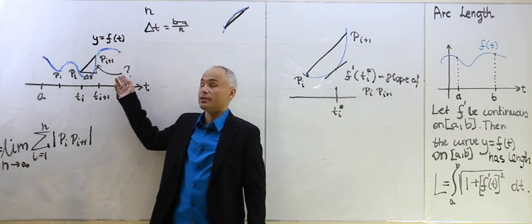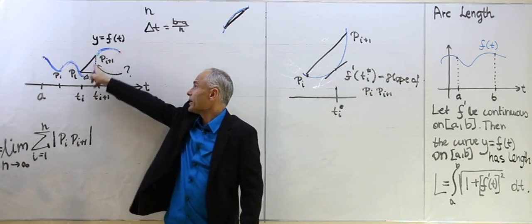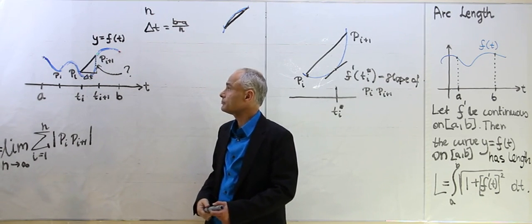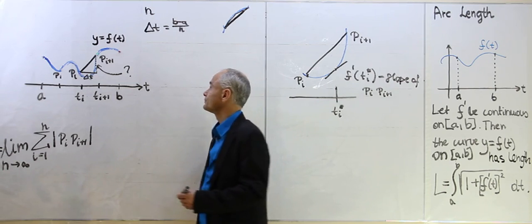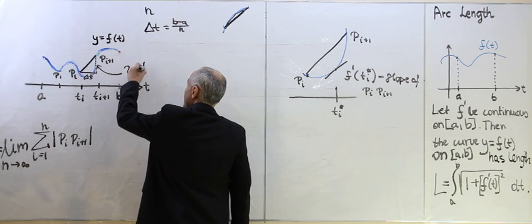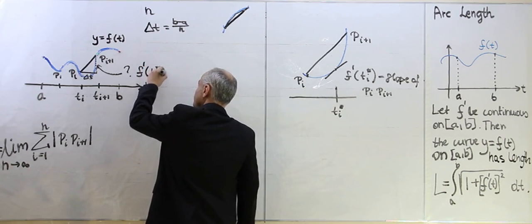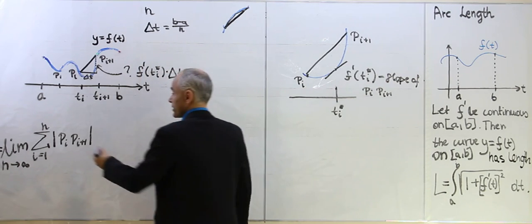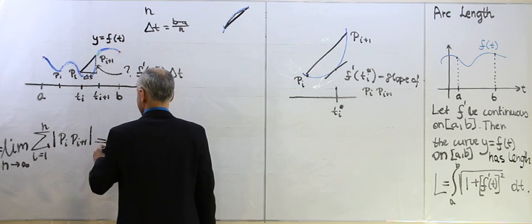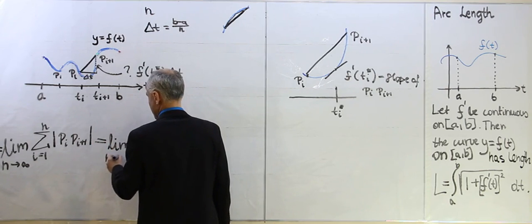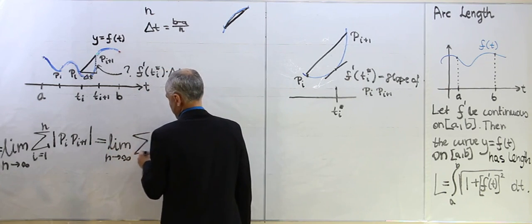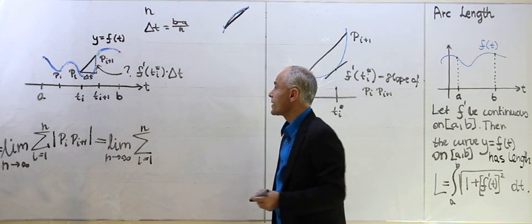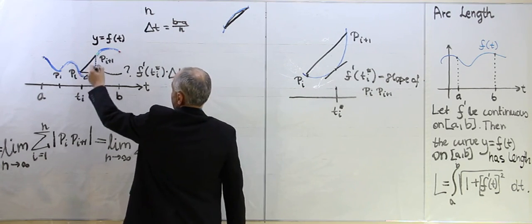So now let me go back to my question here. What is the height of this triangle? It's the slope times delta t, right? So that would be f prime of some number ti star times delta t. Okay, so now we can continue discussing our summation. So instead of the length Pi Pi plus 1, I will use the distance formula, or the Pythagorean theorem, if you will.